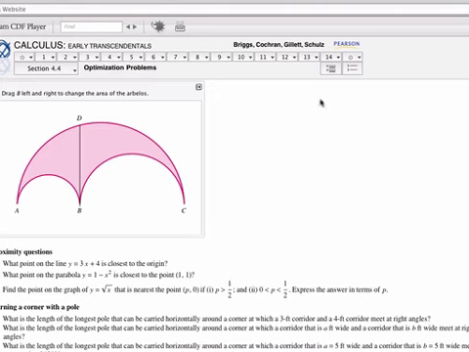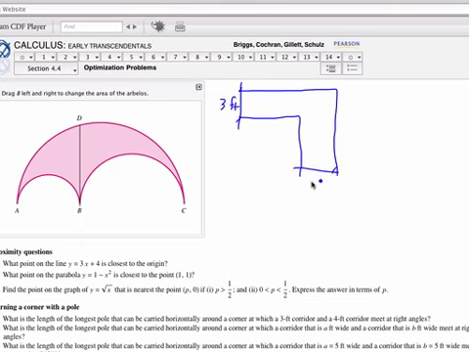So we got a 3-foot and a 4-foot corridor like this. Okay, and so it says, what's the longest pole that can be carried horizontally around a corner where a 3-foot corridor and a 4-foot corridor meet at right angles?